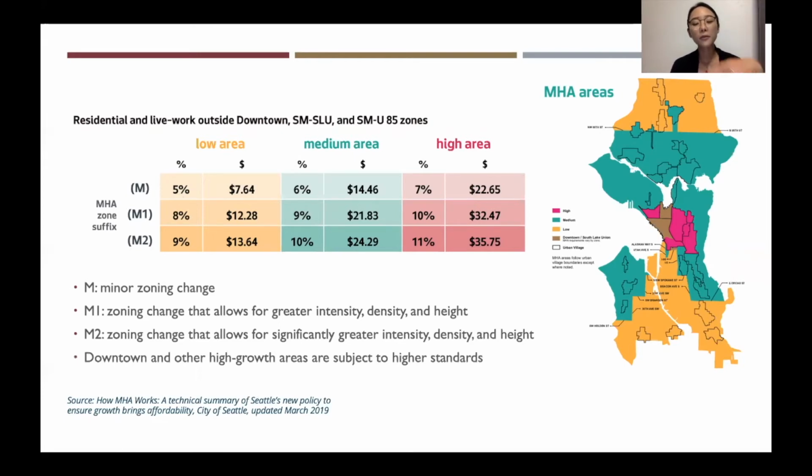And the payout option is also highly variable, ranging from $7.64 to $35.75, I'm sorry, in areas that have the hottest market, and also those areas that received a larger bump in density, intensity and height.